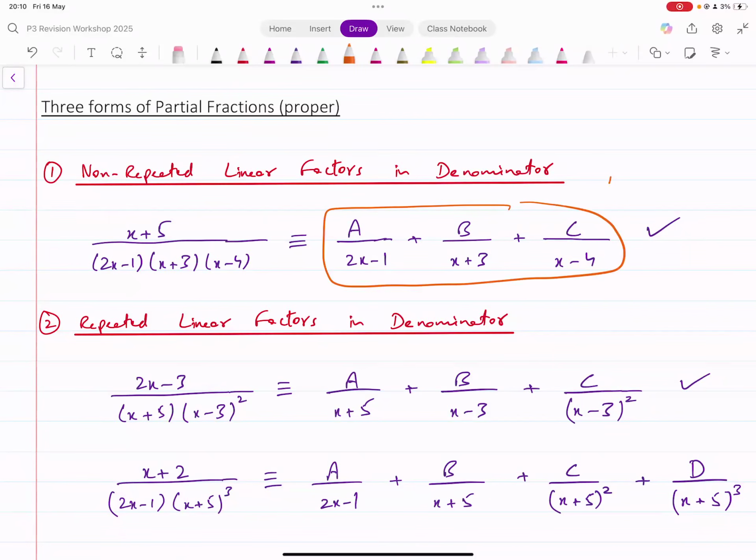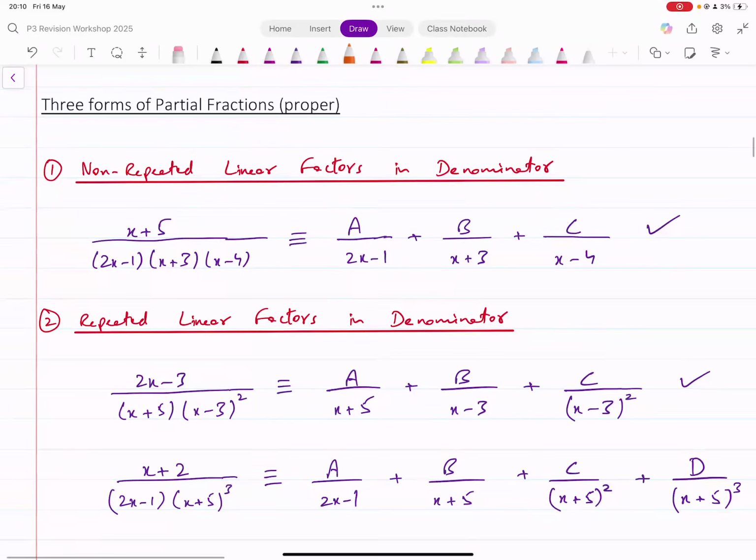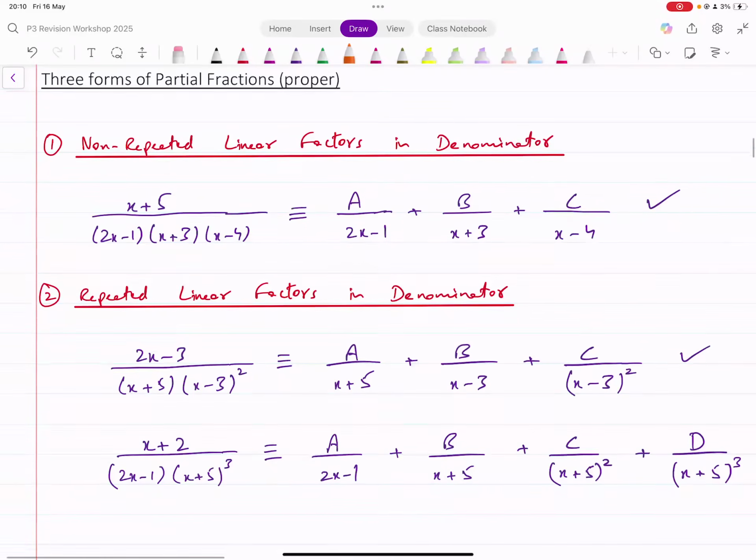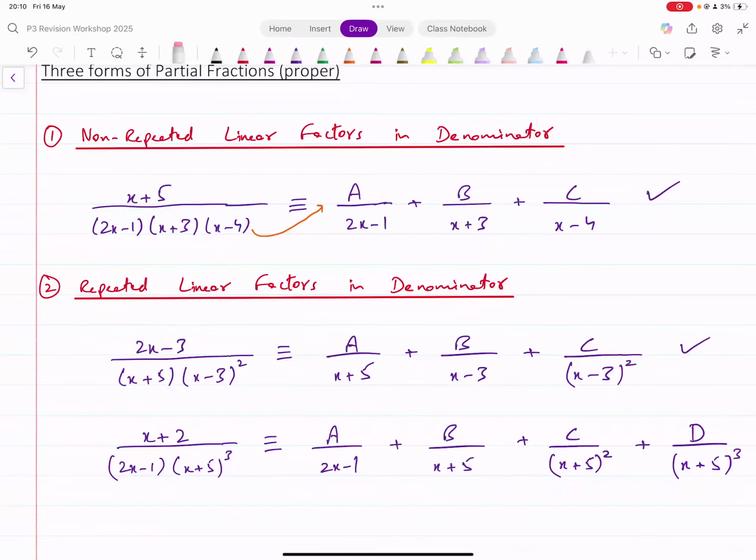In the numerator, you have constants. In the denominator, you've got those separate factors one by one. The first will have 2x minus 1, the second has x plus 3, and the third has x minus 4. We get these three fractions, and now we just follow that process that we talked about, multiply this denominator on the right side, and then simplify everything, put some values of x to solve that further.